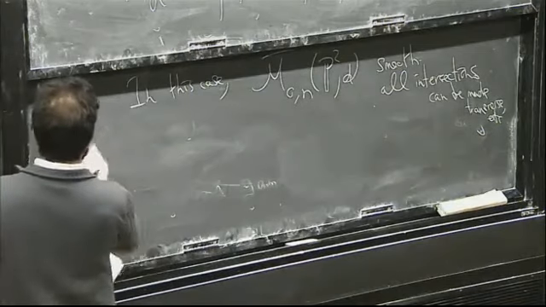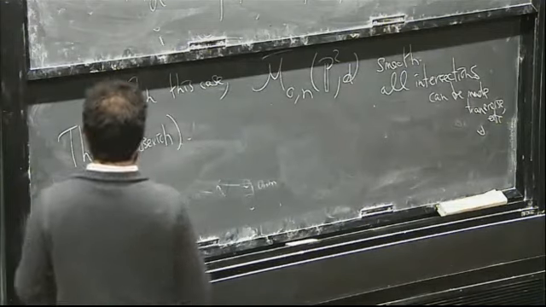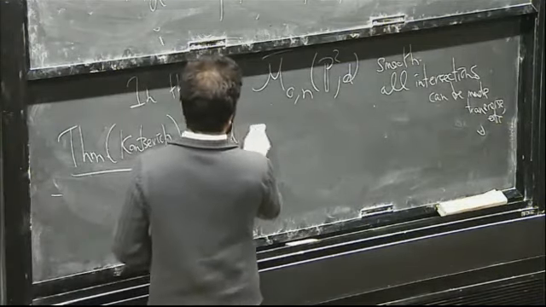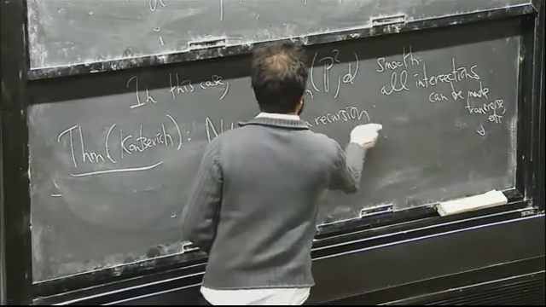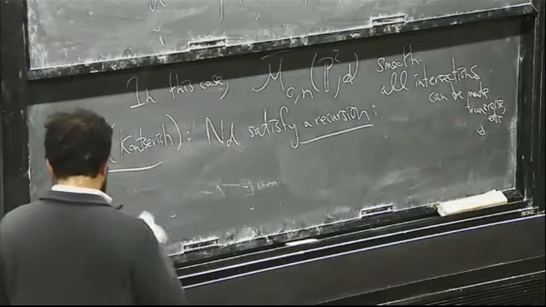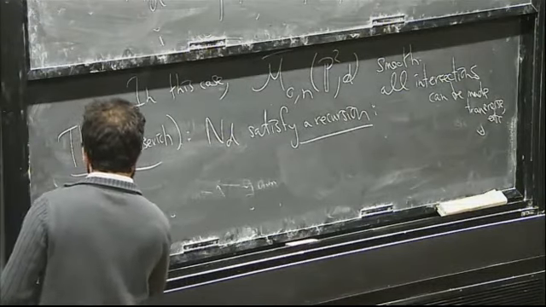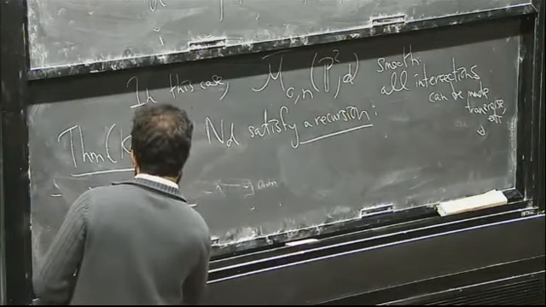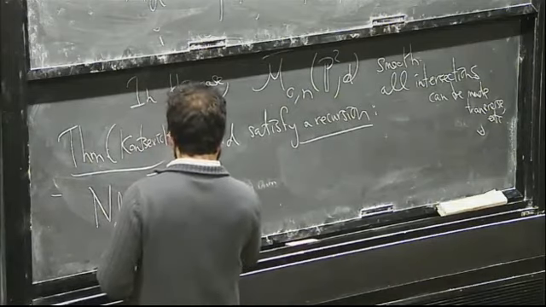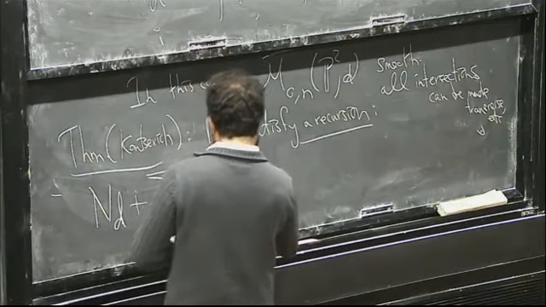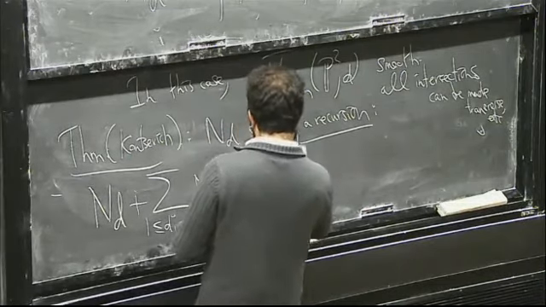And the theorem that Kontsevich showed was that these numbers satisfy a recursion. I'm just going to write it down. It doesn't really matter.